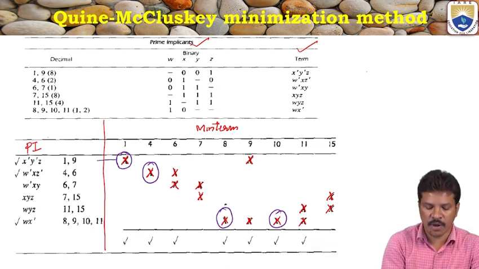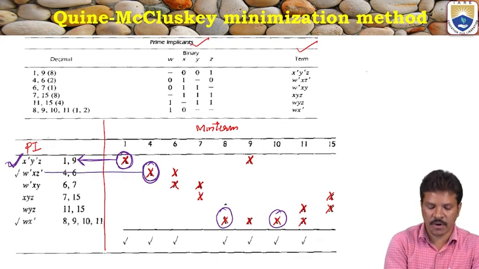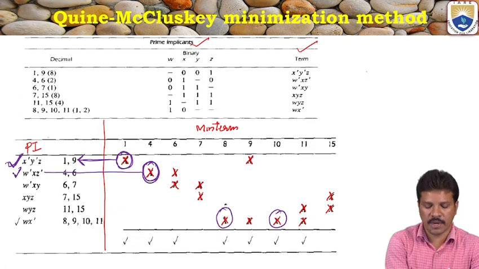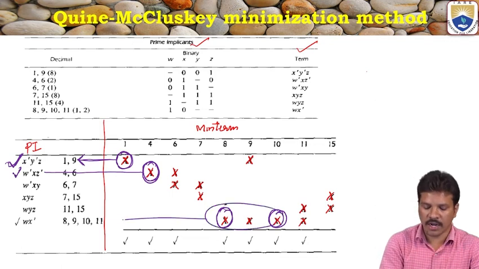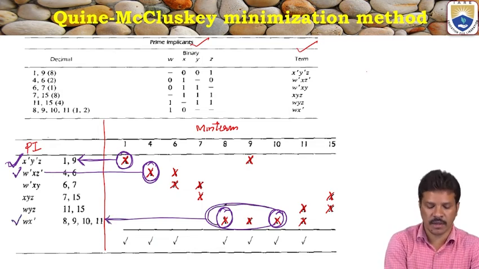This essential prime implicant is covered by the first prime implicant, and this one is another essential prime implicant. It is covered by the second prime implicant and another prime implicant. These are in the same row. These two essential prime implicants are covered by the last prime implicant, so we can tick mark.